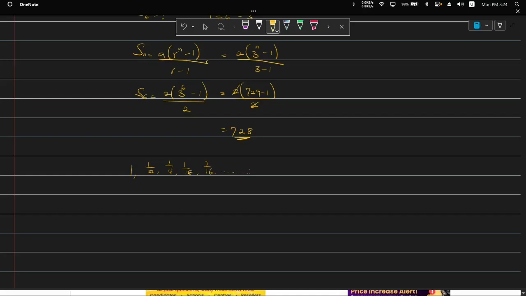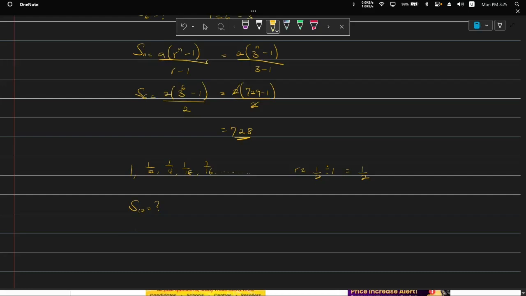And we are told to find the sum of, let's say, the first 12 terms. How do we find this? First, you always have to look for the common ratio. The common ratio is T2 divided by T1. That's 1 over 2 divided by 1, and anything divided by 1 is the same thing, 1 over 2. Don't forget T2 over T1, T3 over T2, all together.